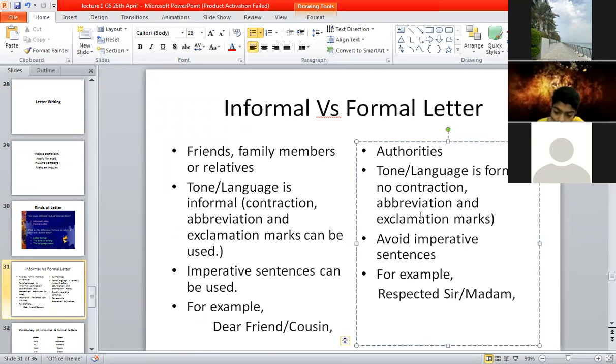Okay, so formal letter is written to authorities. It is also written for official purposes. Language is formal, whereas you use contractions, abbreviations, and exclamation marks in informal letter. So in formal letter, no contractions, no abbreviations, and no exclamation marks are used.